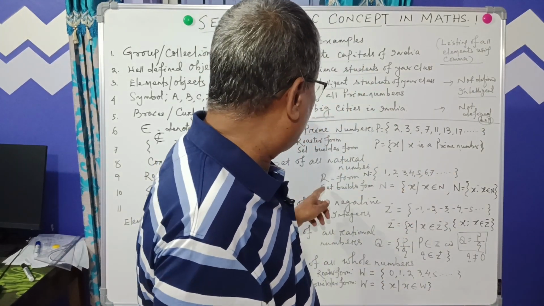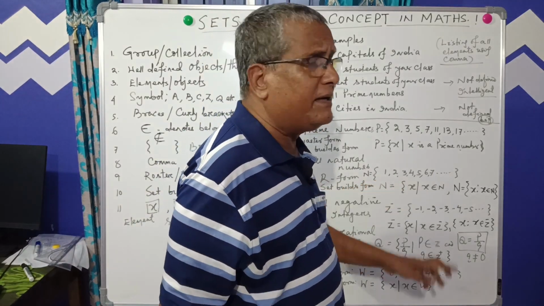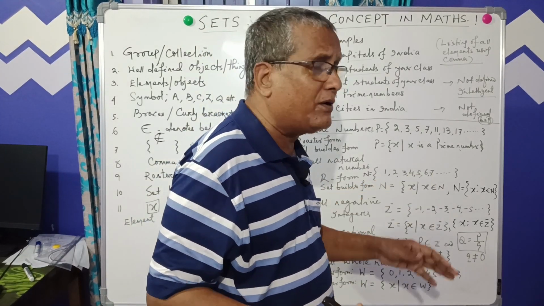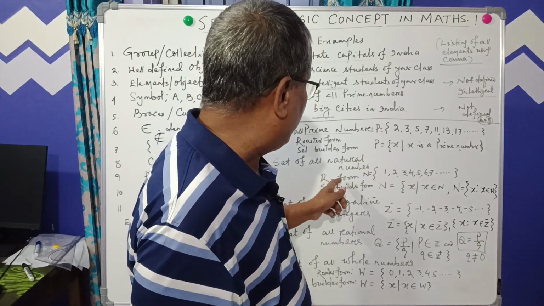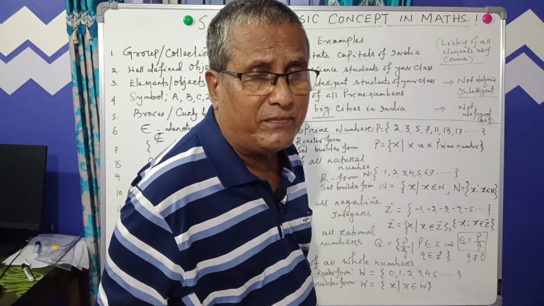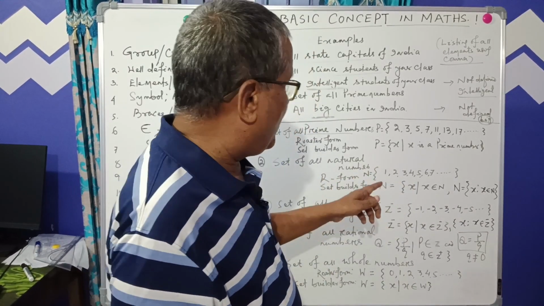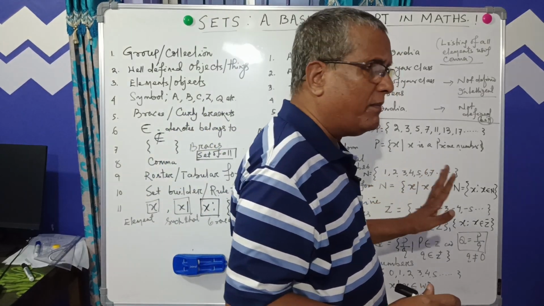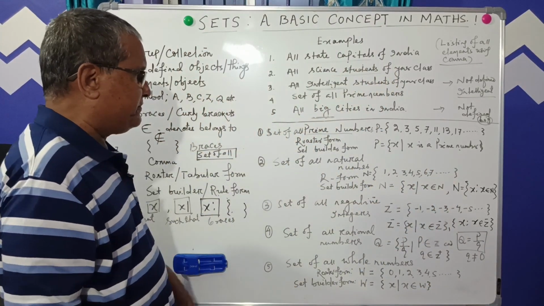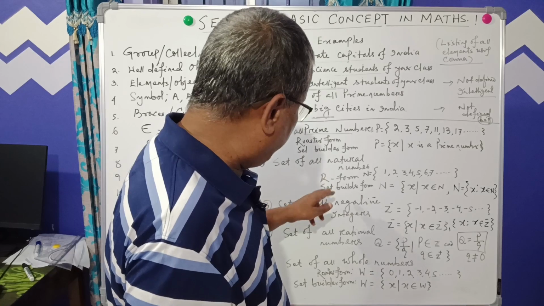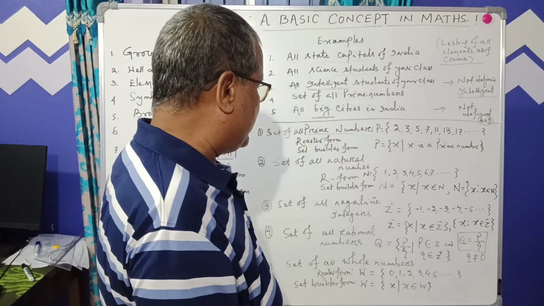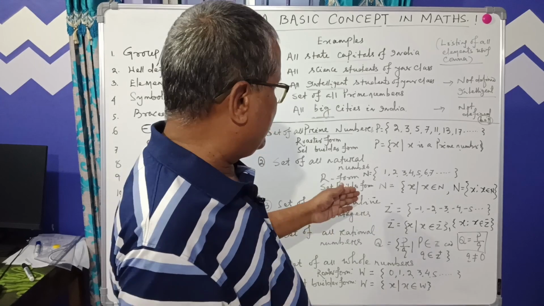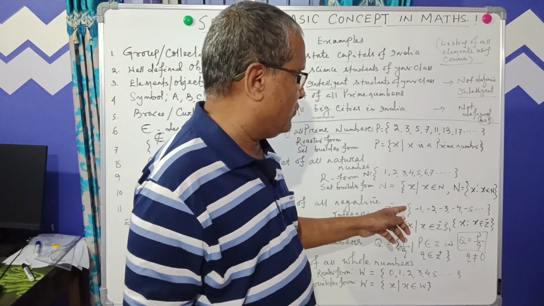Okay. In roster form it is impossible to write all elements because we have to list all elements using commas as per our rule. But if we follow the set builder form, the rule method or the standard form, then it will be easy for us to write.